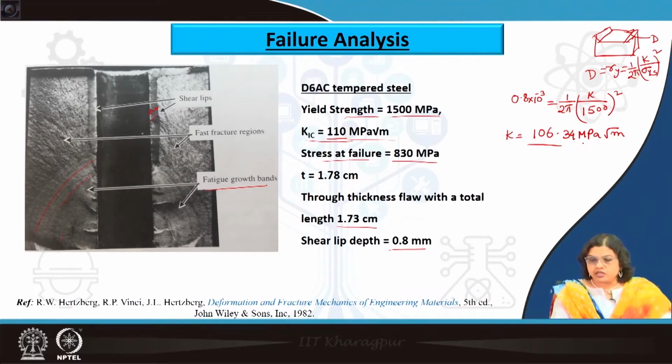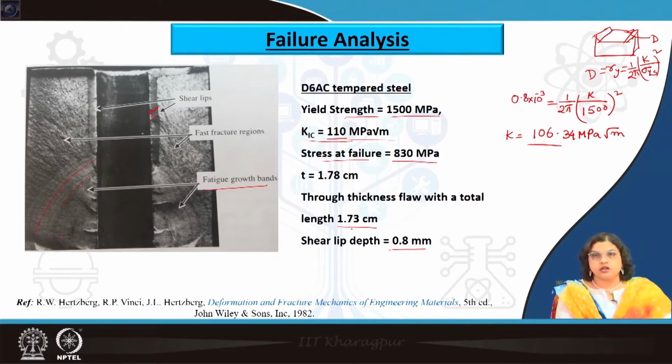Now, it has been said that there is a through the thickness flaw. Actually, this is considered a flaw in this case, but it is actually a design parameter, some kind of change in the geometry because of design considerations, and that may have acted as a flaw. So, that total length is 1.73 centimeter.